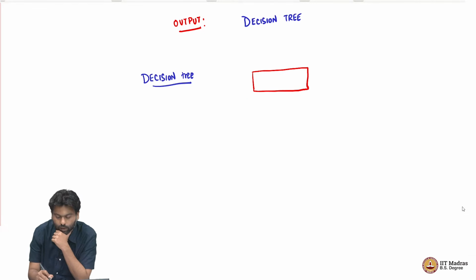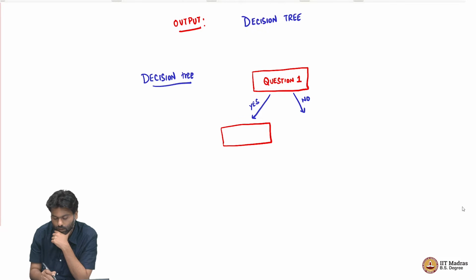In every node, you are going to ask a question. Let's say this is question 1. This is a yes or no question, which means the answer can be either yes or no. If the answer is yes, then you ask a different question, question 2. If the answer is no, then perhaps you ask question 3, and so on.